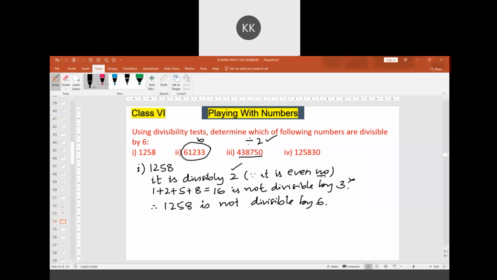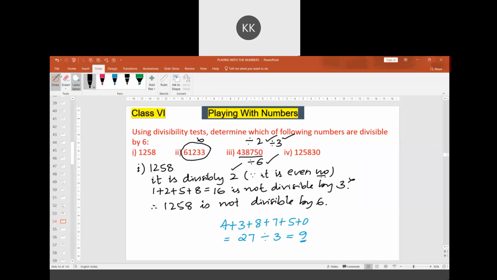Now, if I add the digits, 4 plus 3 plus 8 plus 7 plus 5 plus 0, the sum will be what? 4 plus 3 is 7. 7 plus 8 is 15. 15 plus 7 is 22. 22 plus 5 is 27. And this number is exactly divisible by 3, and we get the result as 9. So it is divisible both by 2 and 3. So this number has to be divisible by 6. Hope you have understood this now.